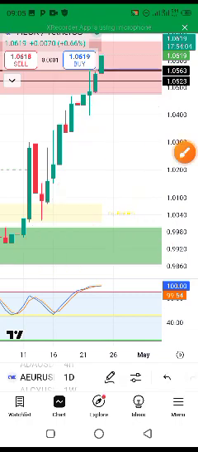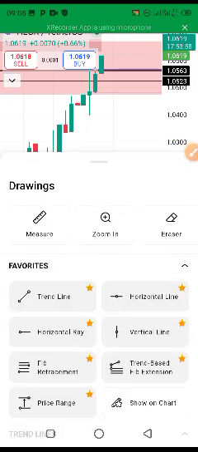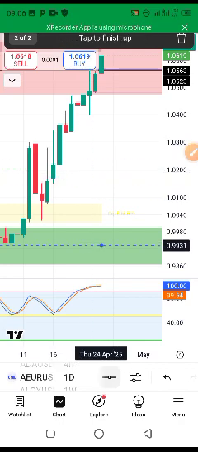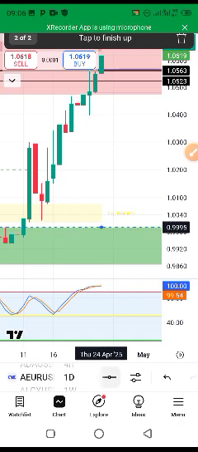Okay, let's see how you can set your order block and set your price. You can bring your horizontal line and put it at the order block. You may decide to enter at the middle of the order block or immediately at the beginning of the order block.